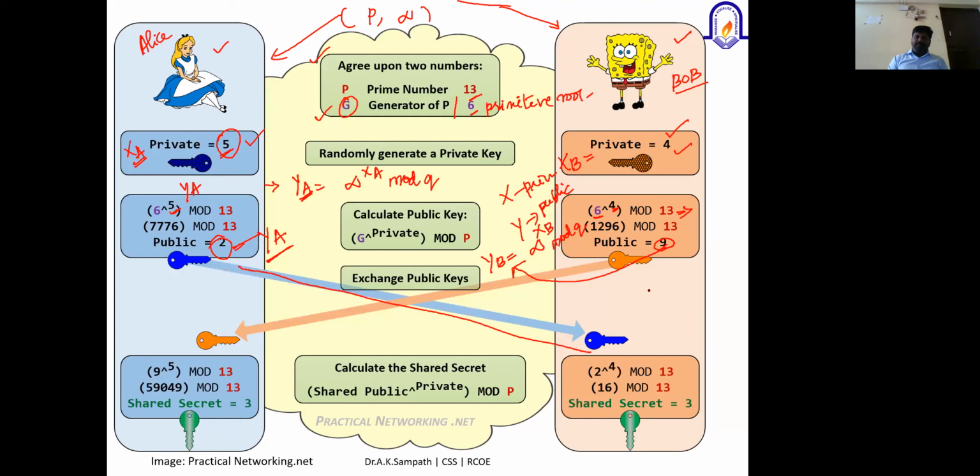So here, Bob will have some information: the alpha value and Q value, and then XB, YB, and YA. These are the abbreviations: primitive root and prime number. XB, YB are the private and public key of B, and YA belongs to the public key of A, right?